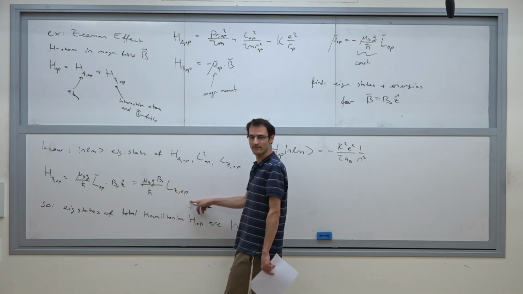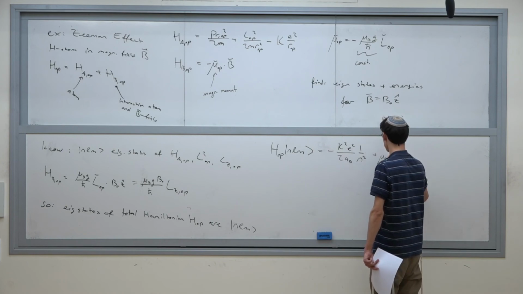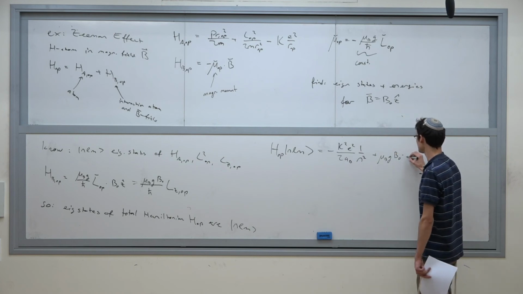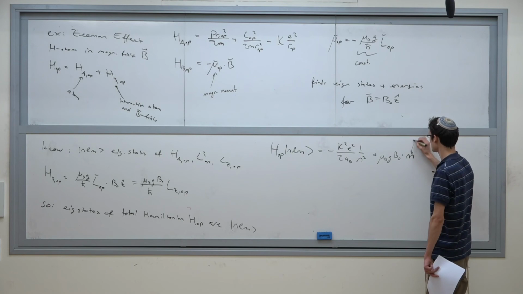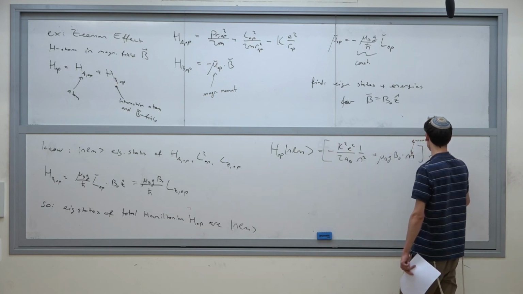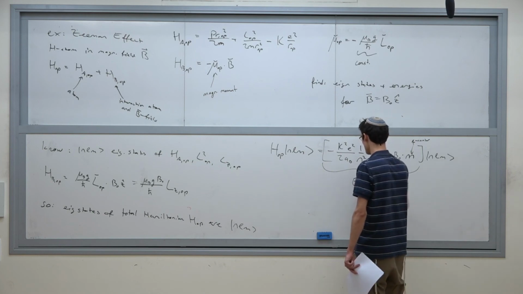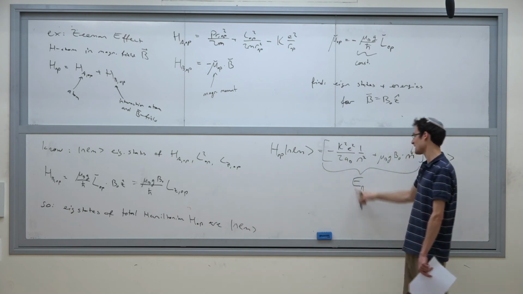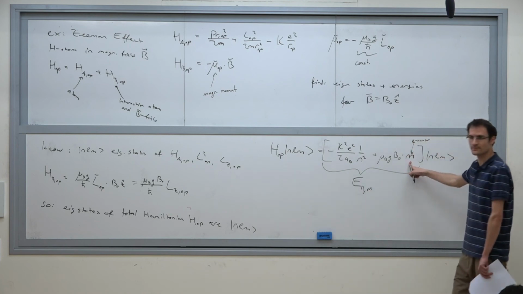This takes out h bar m, so h bar cancels. So there's plus mu B g B0, bunch of constants, times this m, which is the quantum number, not the mass, and of course this times NLM. So these are the eigenenergies. Notice that now they depend on n, as they did before. In addition, they also depend on this m quantum number.